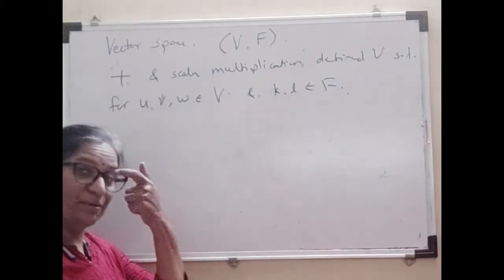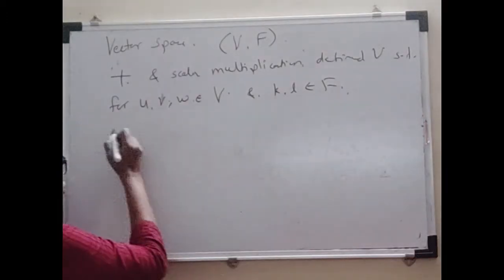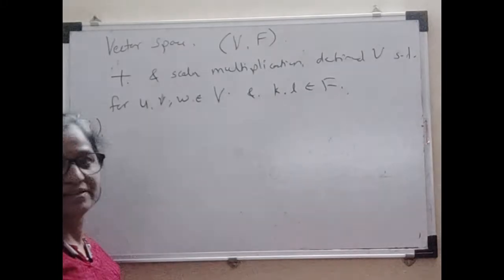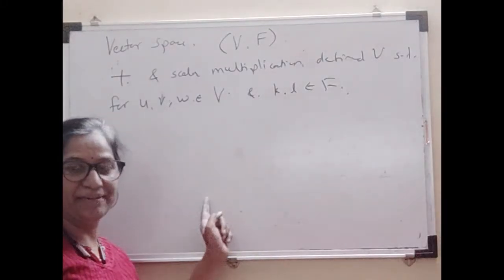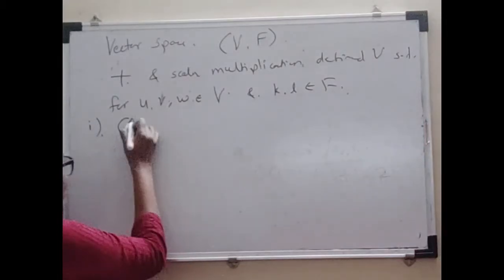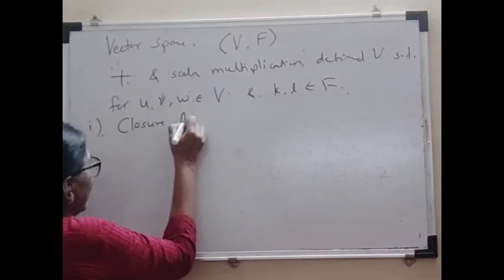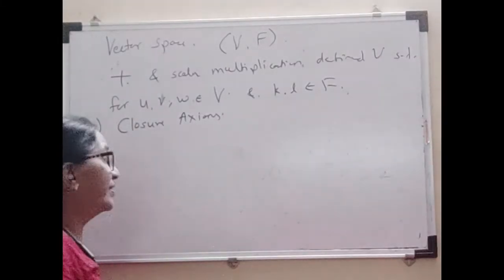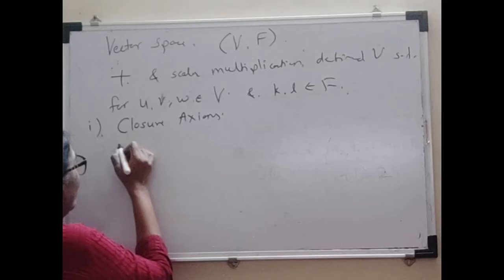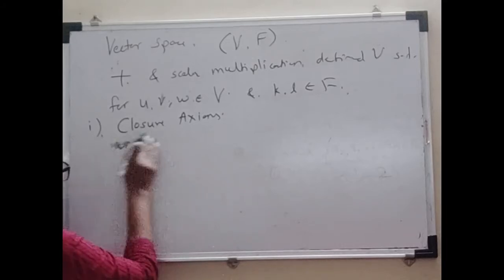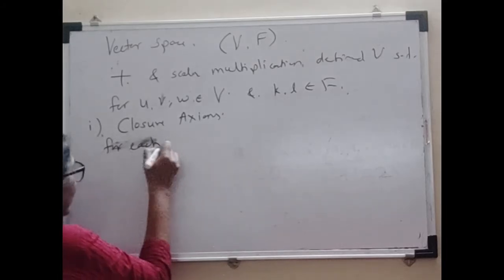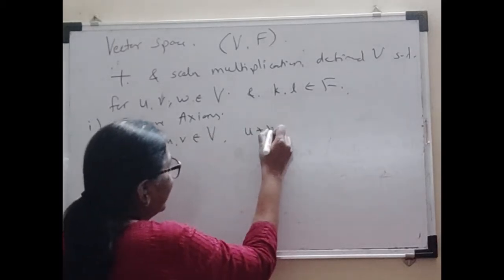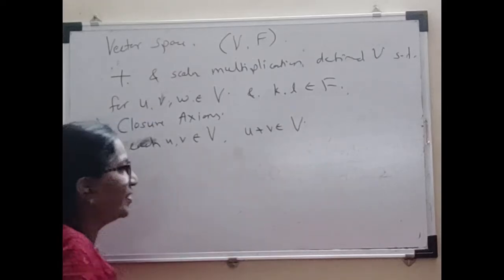Now it should satisfy the following axioms. First of all, it should satisfy the closure axioms. What are the closure axioms? As we have seen in the field properties, in exactly the same way, for each u, v belonging to V, u plus v must belong to V. What is this plus?